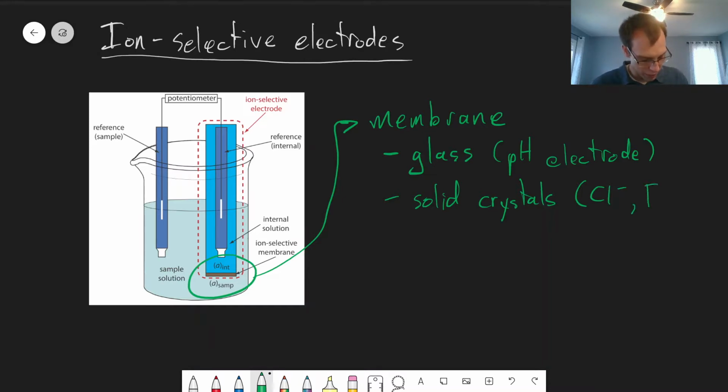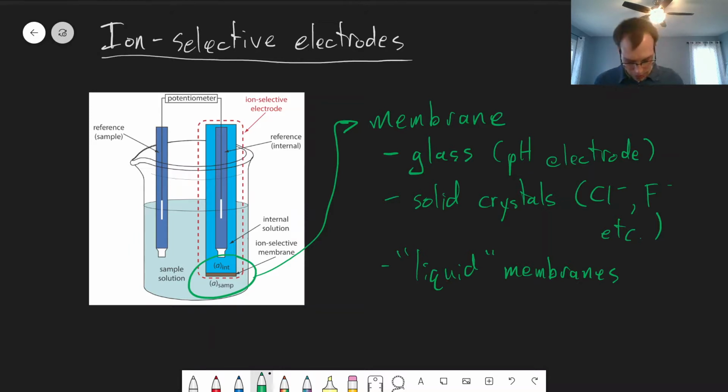Other halides, including fluoride and others, use the same type of membrane. And there are also liquid-based membranes. I'll put liquid in quotes because, of course, it's not an actual liquid, because then it would flow off of your electrode. But these liquid-based membranes are another type of ion selective electrode that's used. And so we'll talk about each of these.